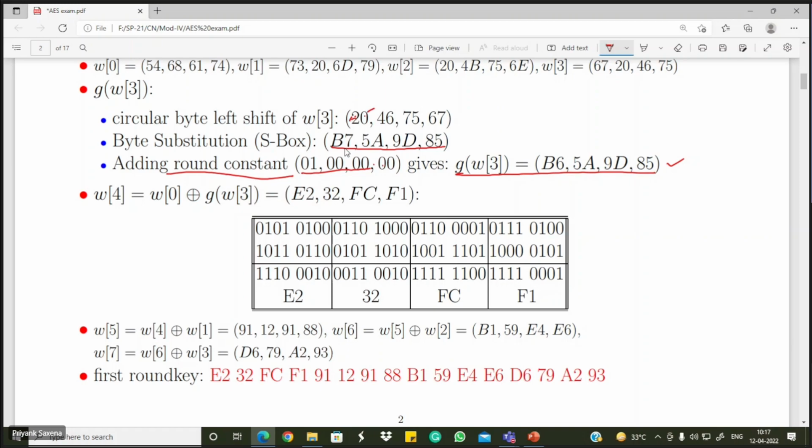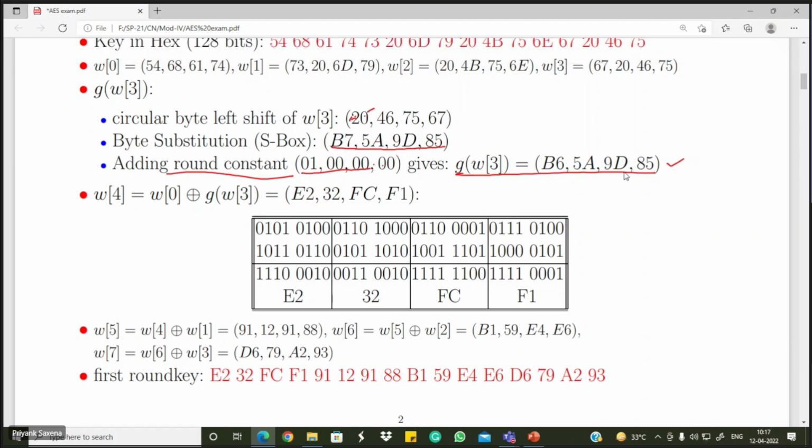This round constant operation is performed on this, and then W4 is generated. That is nothing but W0 XORed with GW3. So you get GW3: B6, B7 plus 01 gives B6. Actually, it is mixed. We basically mixed it, right?